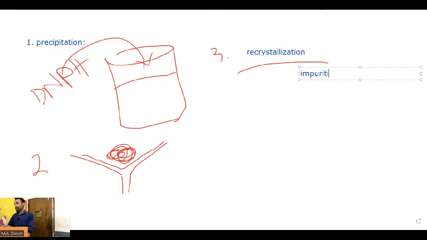One, soluble. Another, what's that? Insoluble. You may have 2 types of impurities with the precipitate you get. Okay, so the recrystallization process can remove both types of impurities.